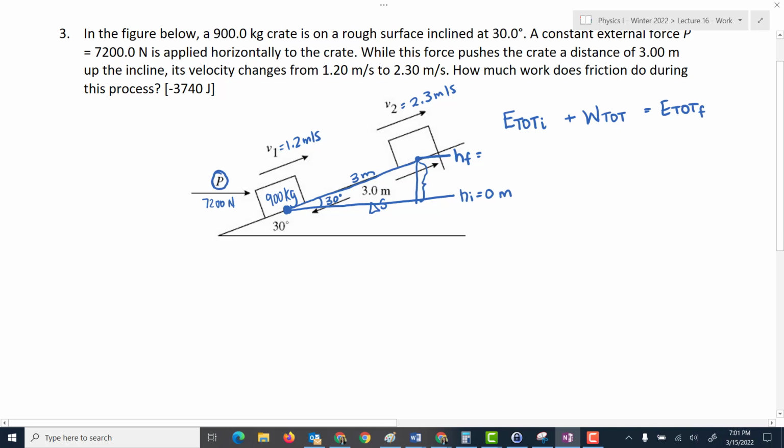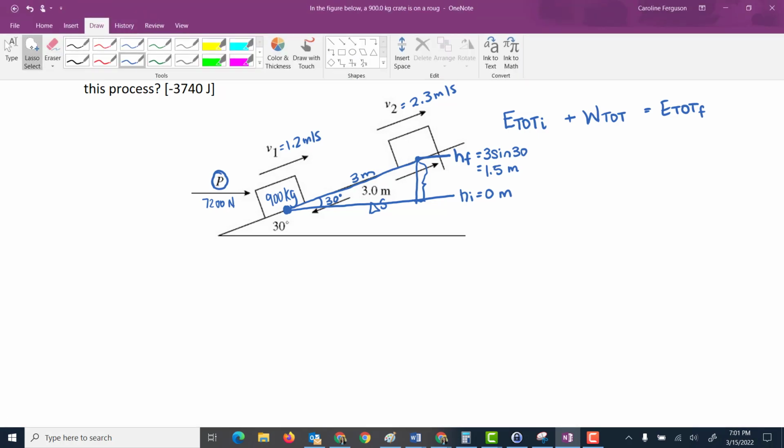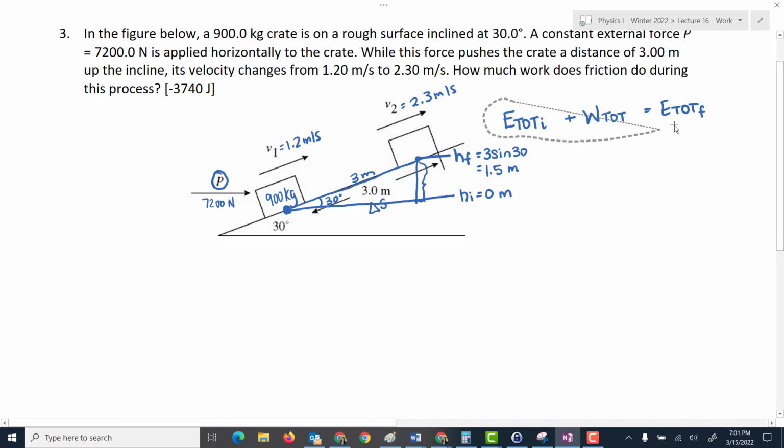That is the opposite side of the 30 degrees. So if we did 3 sine, since we're looking for opposite, of 30, I'll type that up. So 3 sine 30, and I get 1.5 meters. My H initial is 0 because that's our reference position, and at the top our H final is 1.5 meters.